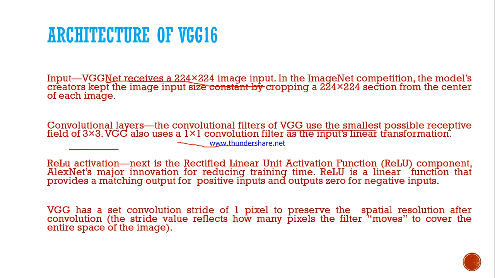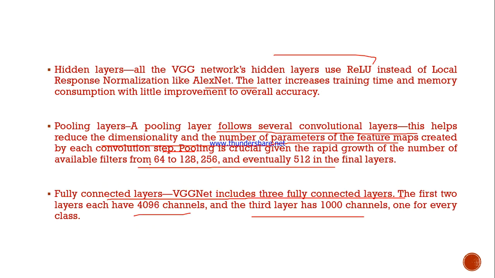Then ReLU activation is one of the common ones, a major innovation for reducing training time. The function provides the same output for positive inputs and outputs 0 for negative inputs. Also, as I told you, it has a set convolution stride of 1 pixel to preserve the spatial resolution after convolution.